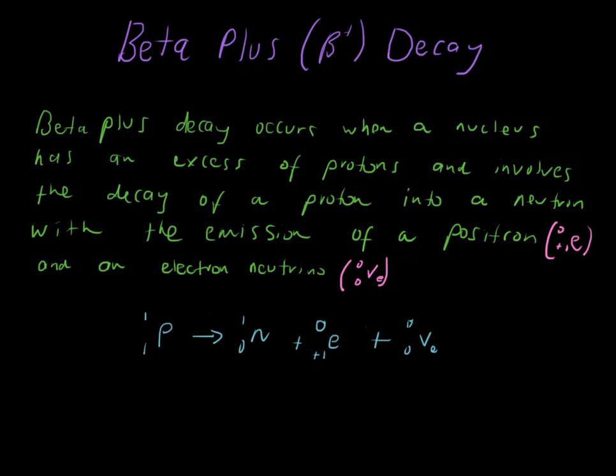In the last video on Beta Minus Decay, we were looking at an antineutrino. To indicate an antiparticle, we have a line over the top of the V. In this case, because we have a neutrino, we do not need that.